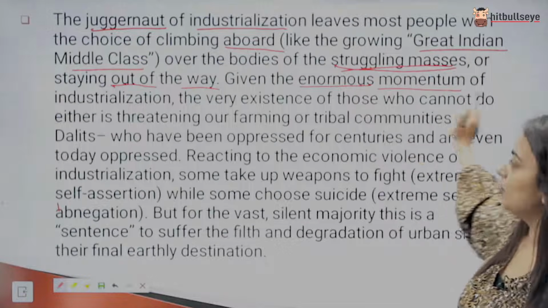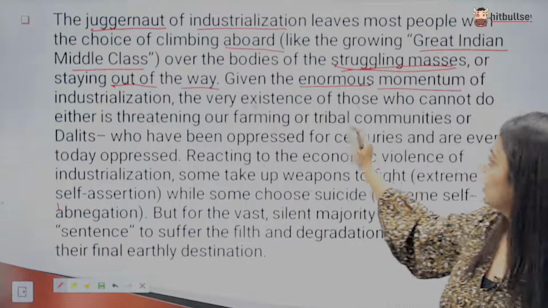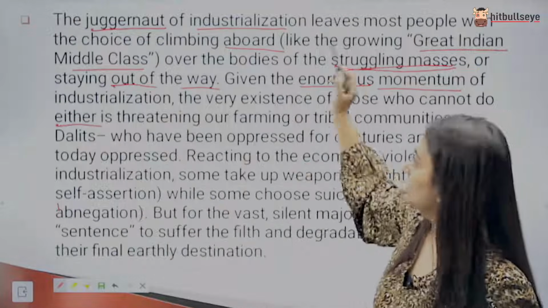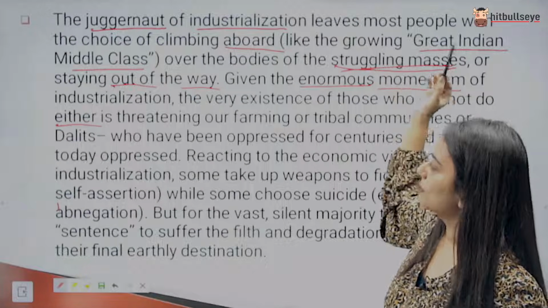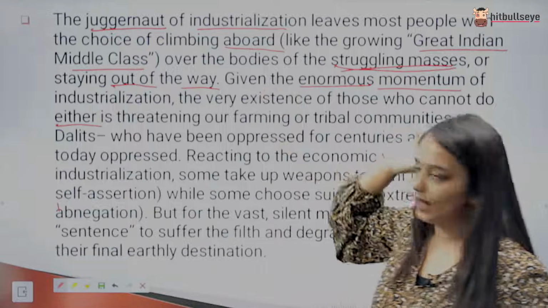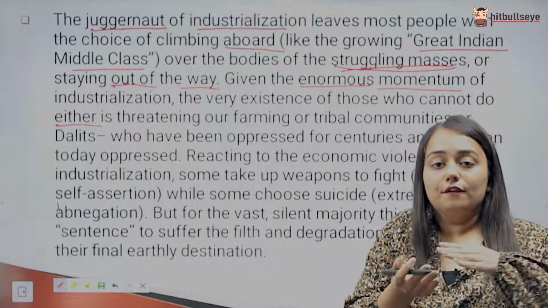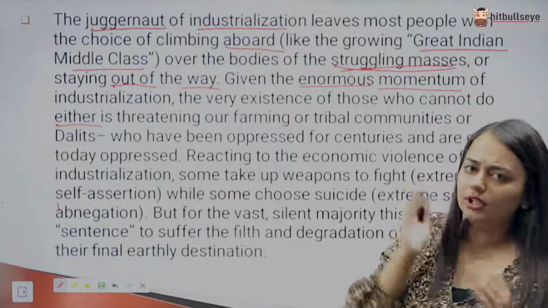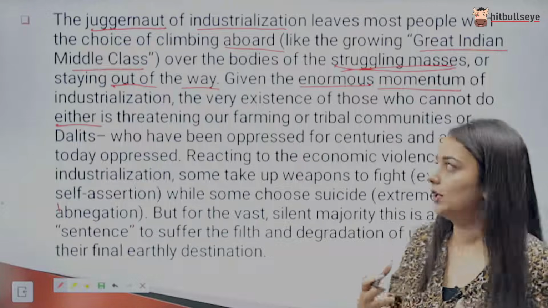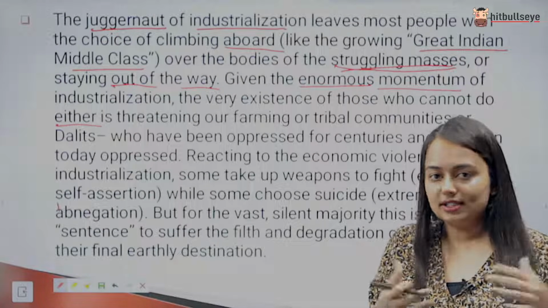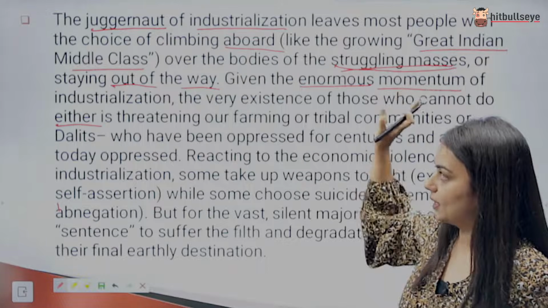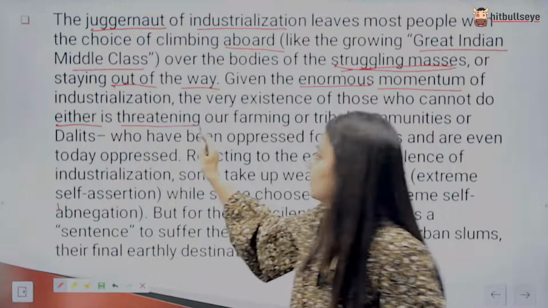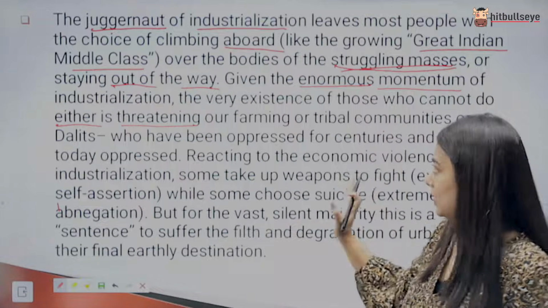Given the enormous momentum of industrialization, the very existence of those who cannot do either, जो ना तो साथ इंडस्ट्रियलाइजेशन में इंक्लूड हो सकते हैं और ना ही उससे बाहर रह सकते हैं, वो वाला सेक्शन, the third section of society, which is not getting benefit from industrialization, and the people who are staying out of the process of industrialization, there is a third section. अब वो third section के साथ क्या है कि their existence has been threatened because of industrialization.